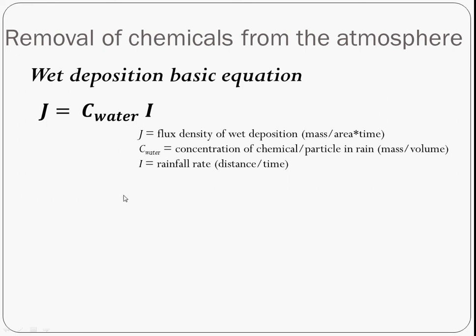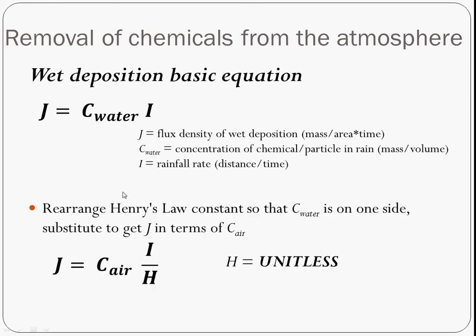We might actually have more information on how much is in the air. So what we have to do is rearrange Henry's law constant so that the concentration in water is on one side, and then we substitute H and the concentration in the air into this equation. So I will derive that in a separate video. It'll be a really short video. If you want to see me do that, I will do that in a separate little video. And here again, we're using the unitless H.